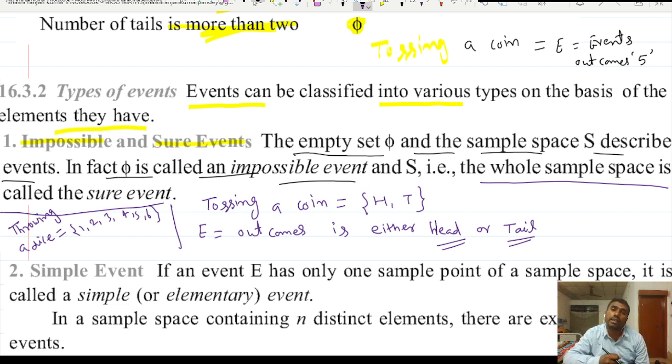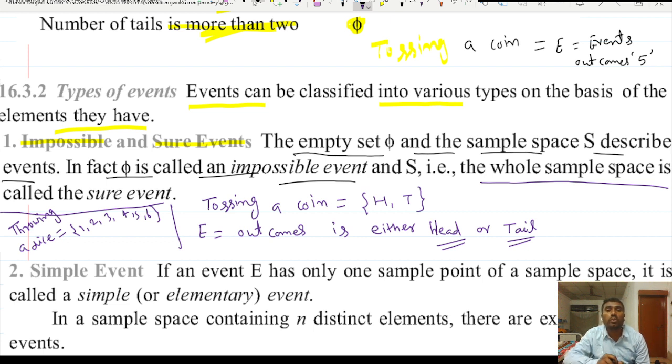Similarly, if we are throwing a dice, what is the probability that the number will come from 1 to 6? It will be sure, because when you are throwing a dice the number will be 1 to 6. Or I can ask what is the probability that the number is less than 7?